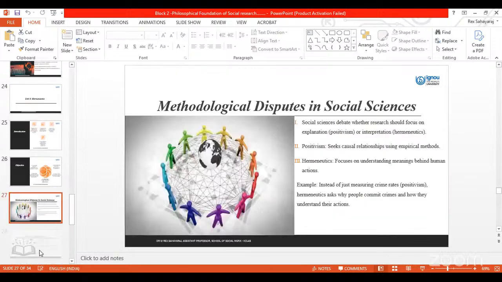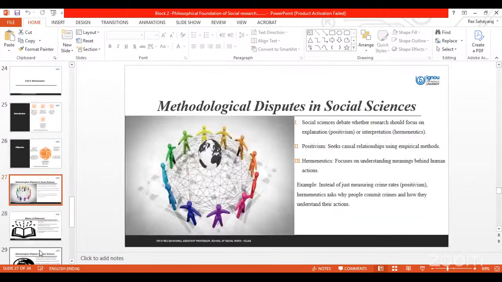So when you talk about the methodological disputes in social sciences, right? Social science debates whether research should focus on explanation or interpretation. When you want to explain, you have to go for positivism. When you want to interpret, you go for hermeneutics, right?